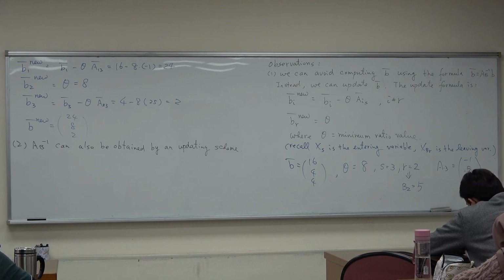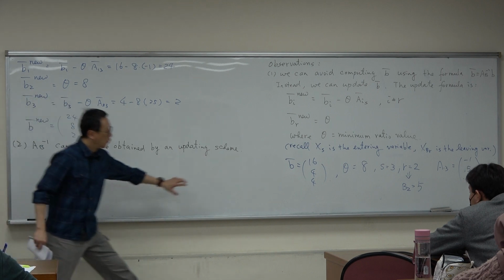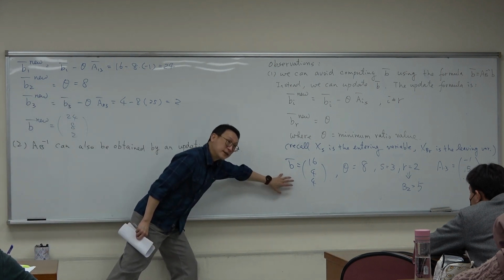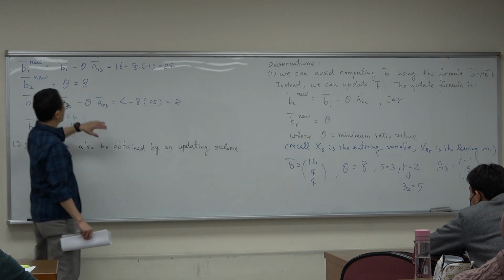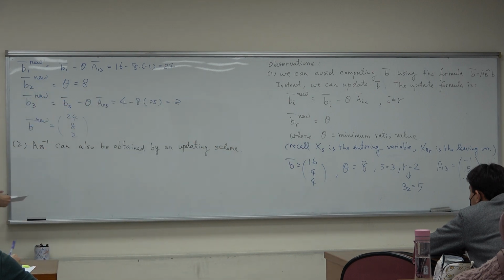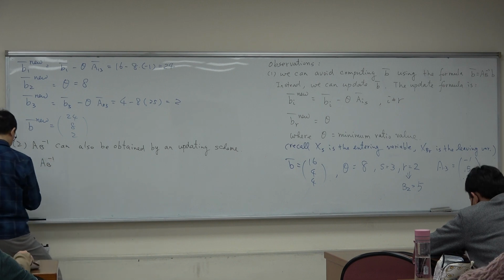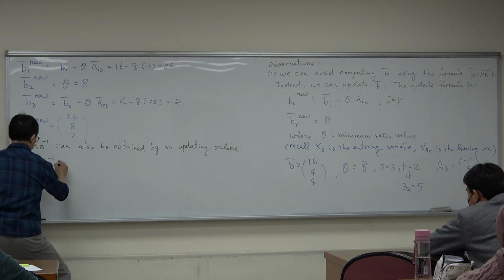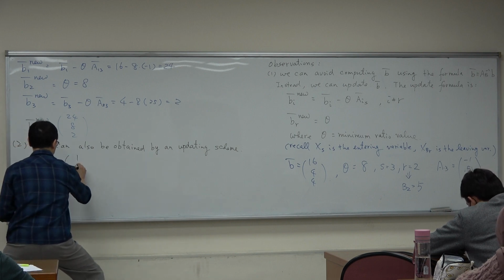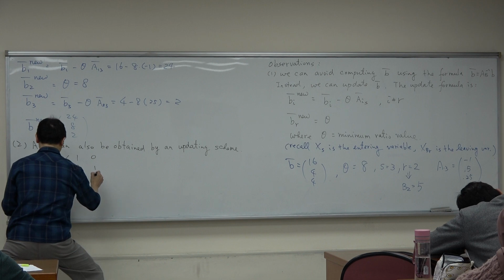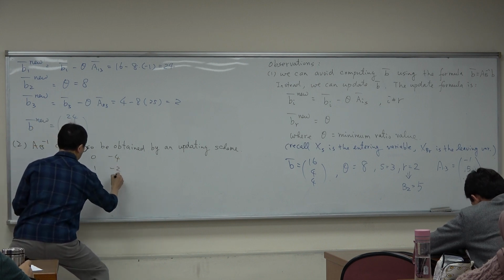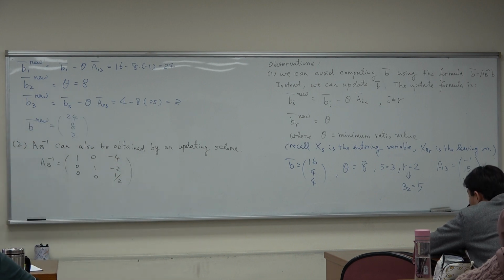Next thing is we want to update AB inverse because we said it's not easy to find AB inverse. So again, we want to utilize the result of one iteration, and we update that to the next iteration. So in one iteration, we have AB inverse. Just in the first iteration, we already found our AB inverse like this.